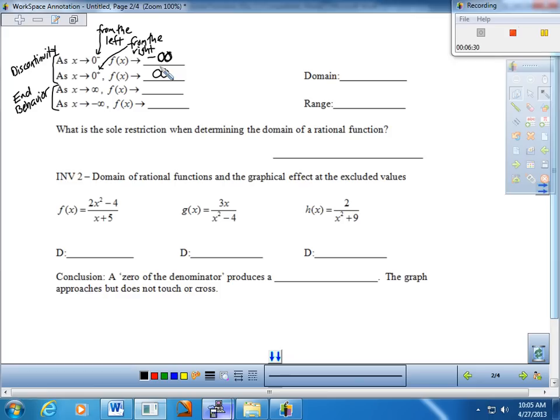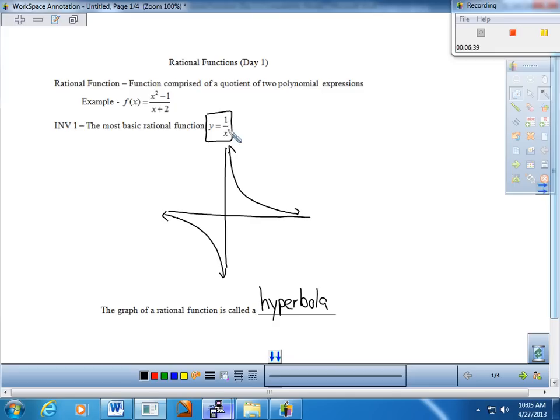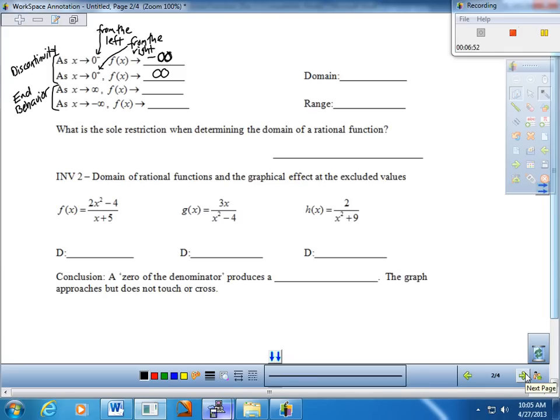Okay, and you notice, of course, what happens at 0. Well, you look at the equation here, and can I actually have an x value of 0? No, of course not. I can't do 1 divided by 0, and so 0 would be excluded from those x values, and hence excluded from the domain.